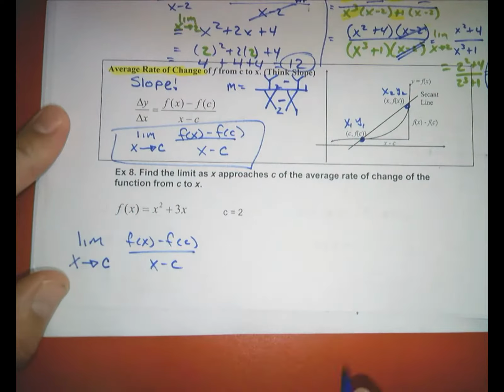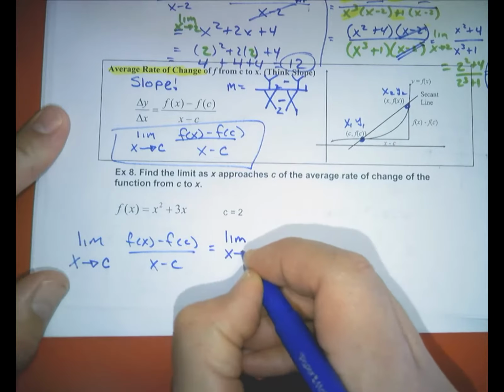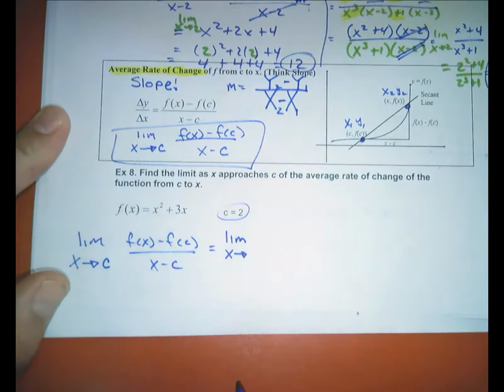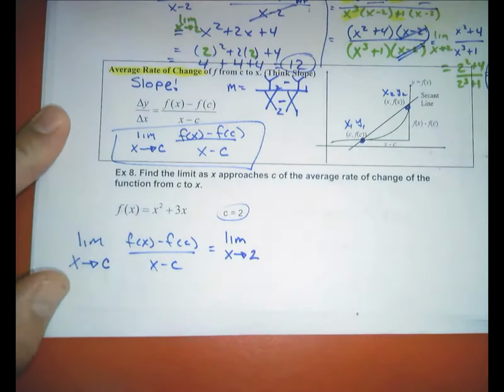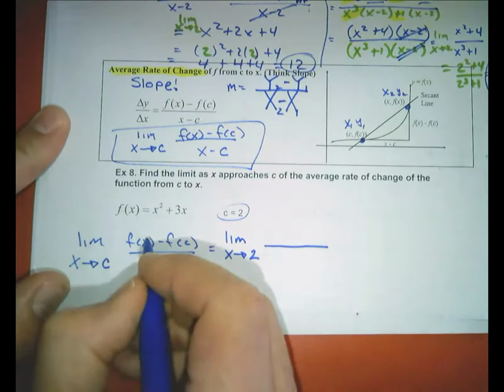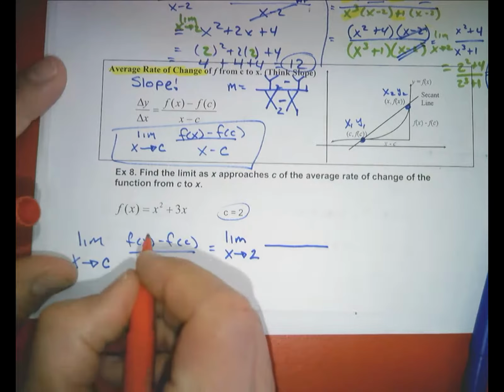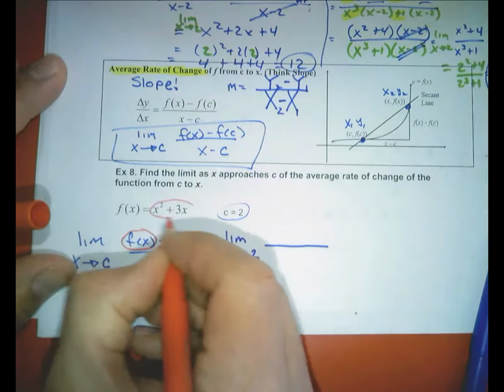Now I'm going to start plugging in the things that I know. I want to find the limit as x approaches c. Well, the c that they gave me was 2. Then I want to do f of x. So let me use some different colors here. f of x is this guy, right?